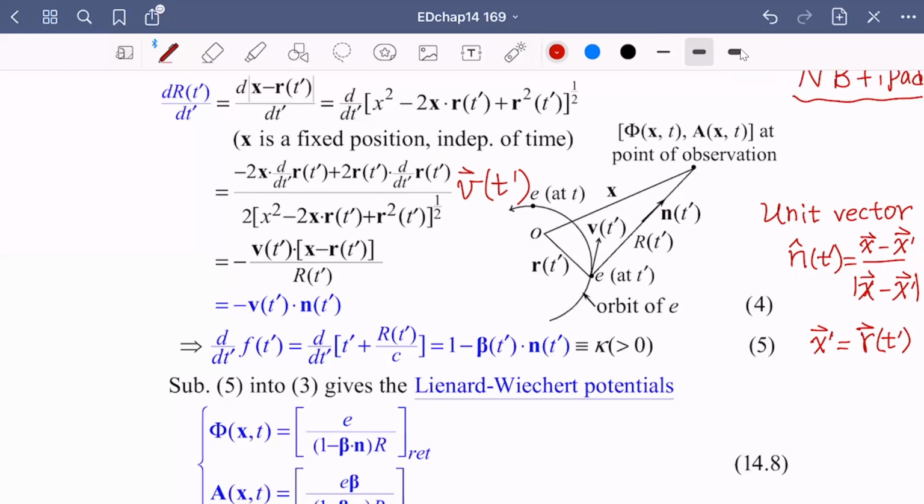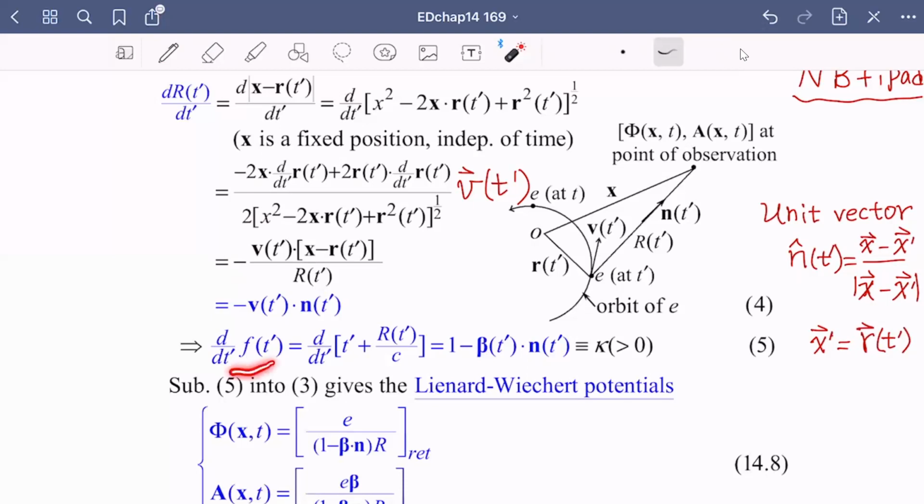So n is just from source to observer. Once again, from source propagate to observer. Therefore, it becomes v t prime dot n t prime.